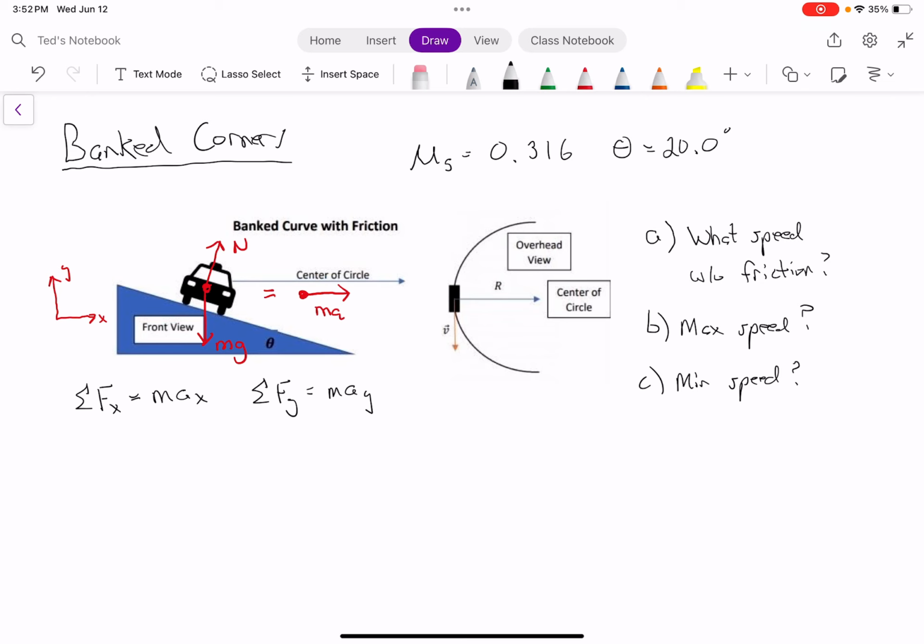In the x direction, the normal force has both an x component and a y component, and this angle in here is theta, the same as the angle of the hill. So we get the opposite side is the x, so this is going to be normal force times sine theta is equal to ma.